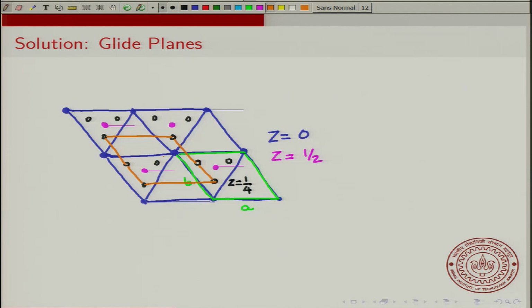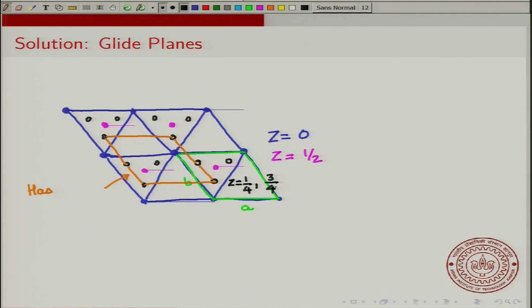This unit cell has inversion symmetry, because there is a point of inversion right in the middle of this cell. Just as at z equal to 1 by 4, there will also be a point directly above it at z equal to 3 by 4.